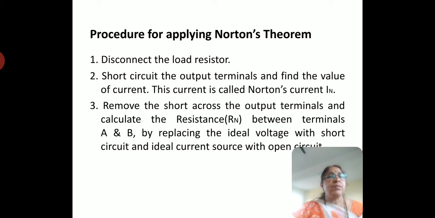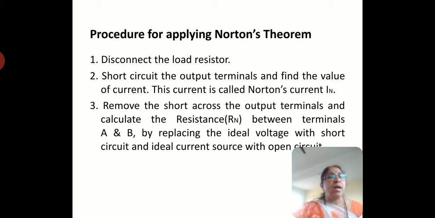Let us follow the procedure for applying Norton's theorem. First, we disconnect the load resistor. Then, short the output terminals and find the current through the shorted terminal. That current is known as Norton's current, that is IN.